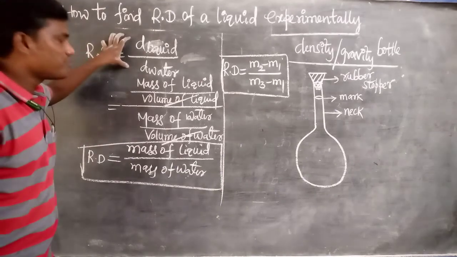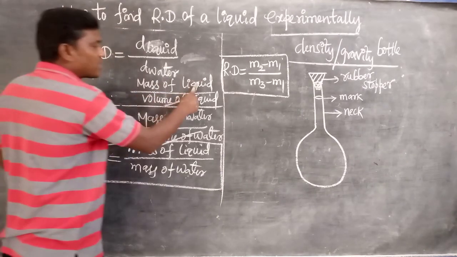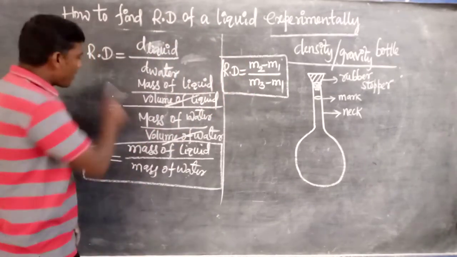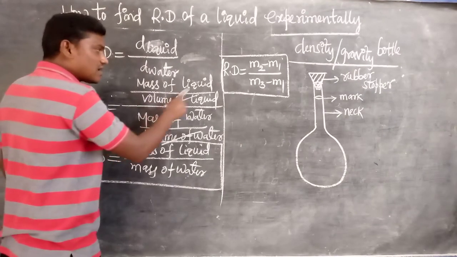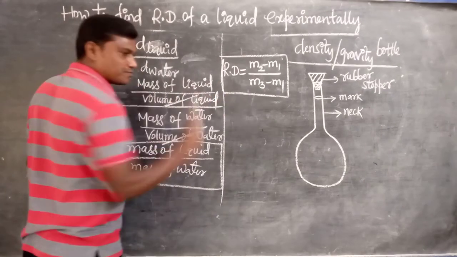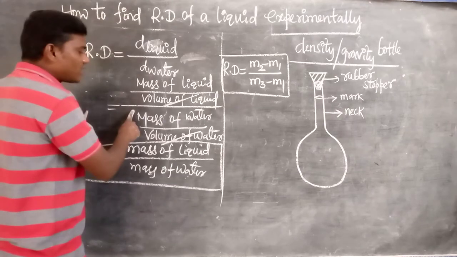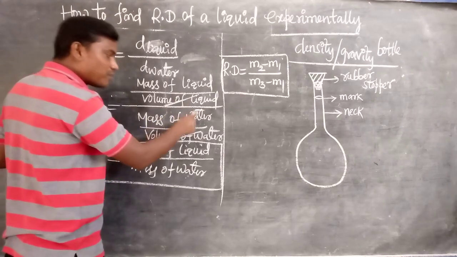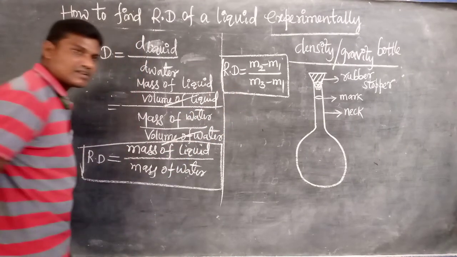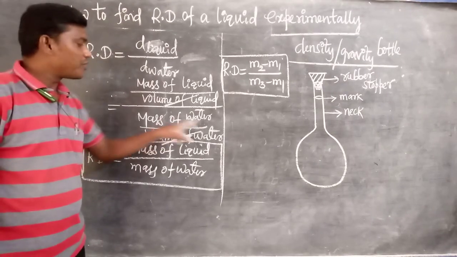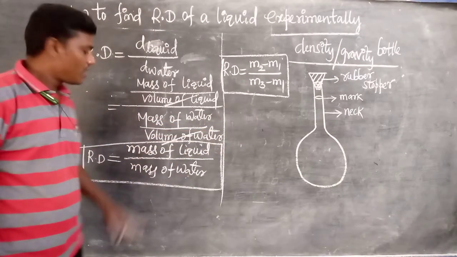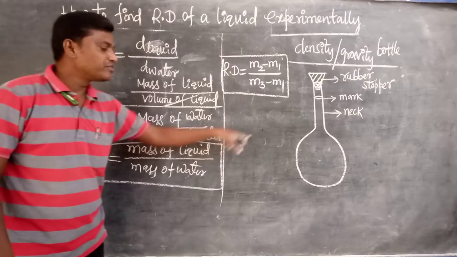Under the calculation, we can write: mass of the empty bottle is equal to M1 gram. Mass of the empty bottle plus liquid is equal to M2 gram. Mass of the empty bottle plus water is equal to M3 grams. Mass of the liquid only is M2 minus M1. Mass of the water only is M3 minus M1.